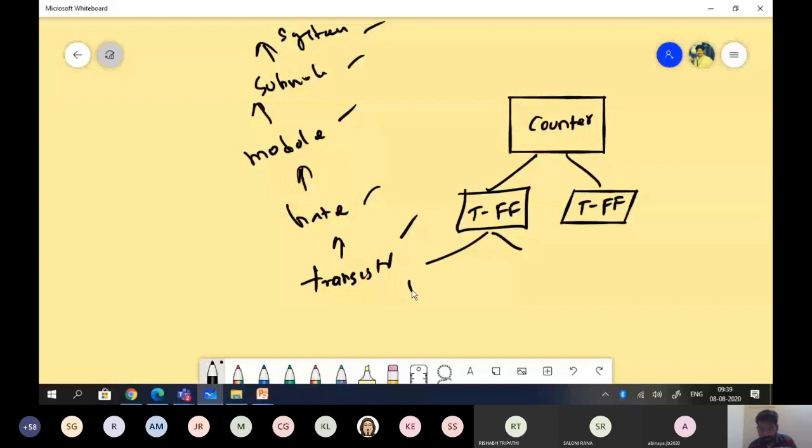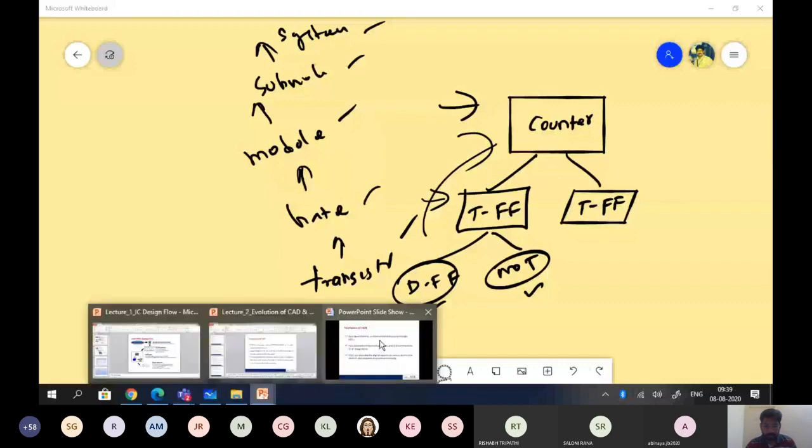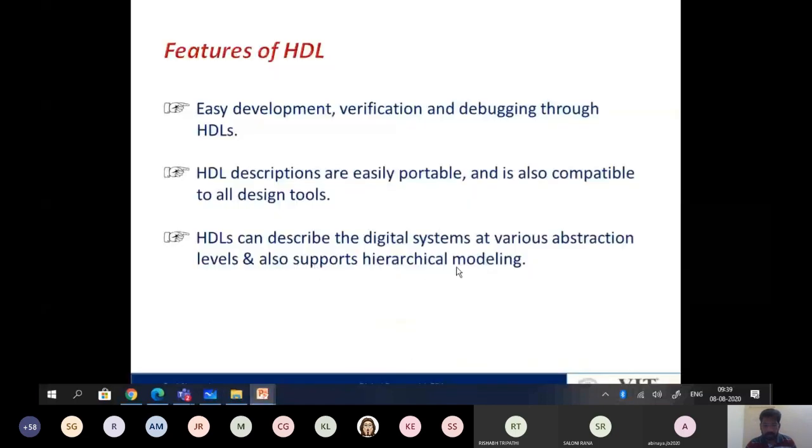That means I can define a lower level or leaf cell using Verilog HDL, and the intermediate cells also in Verilog, and the overall top level. So in order to realize the functionality of a counter, if I have a D flip-flop and a NOT gate, I can make this counter, right? So by calling its functionality, that we call hierarchical modeling. Okay, clear? So your HDL supports hierarchical modeling.